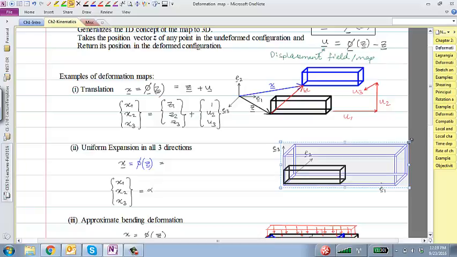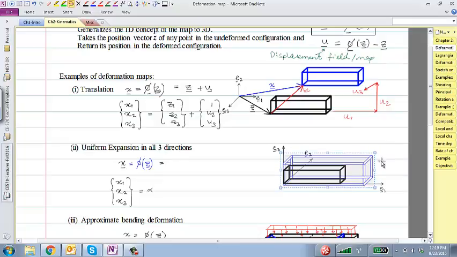Or if I'm expanding it by some other amount alpha, then the final coordinates would be alpha times z, right? So indeed, we are looking at the map which would just be alpha times z. That's an example of a uniform expansion.